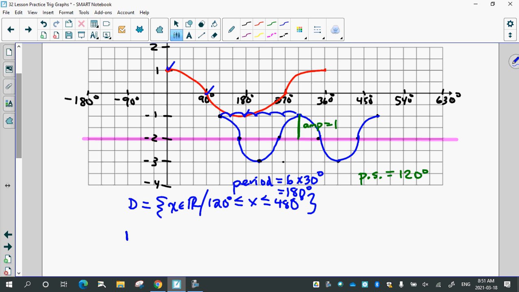And then the range is lowest to highest. So the lowest we get is -3. And the highest we ever get is -1.